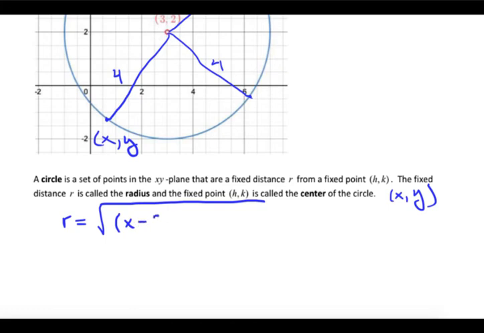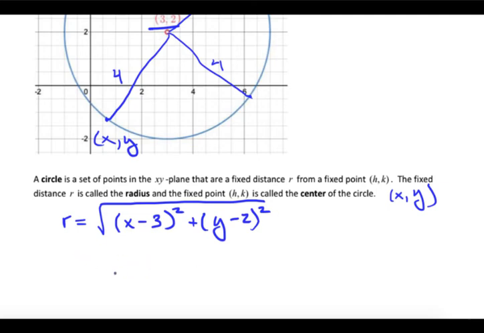So x minus 3 squared plus y minus 2 squared. That's just the setup from our distance formula using 3, 2, and any point x, y here. This would give us the distance from the center to that particular point.